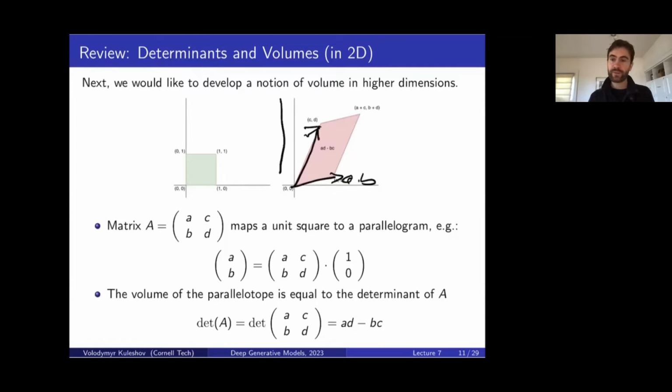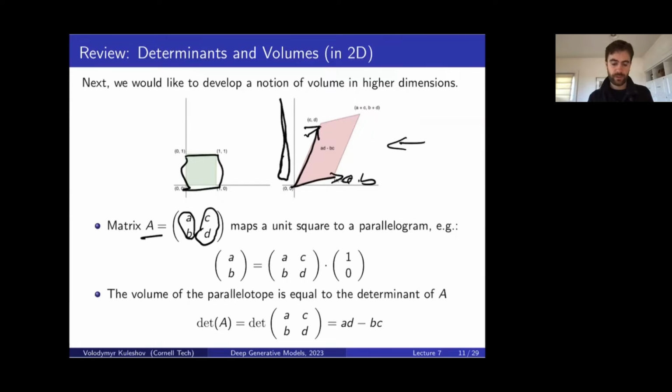I can represent these two vectors in a matrix where I have AB being the first column, CD being the second column. And so now this matrix A is the linear transformation, which maps a unit interval into the parallelogram that's on this side.